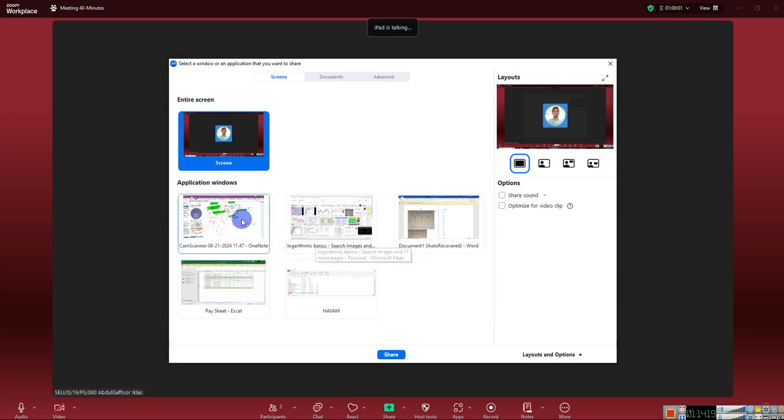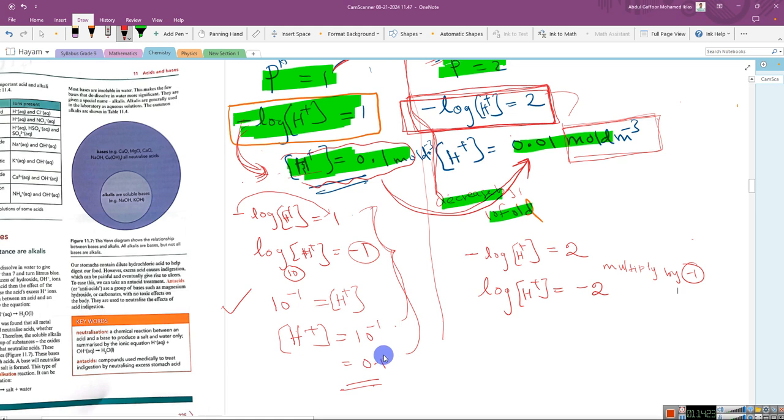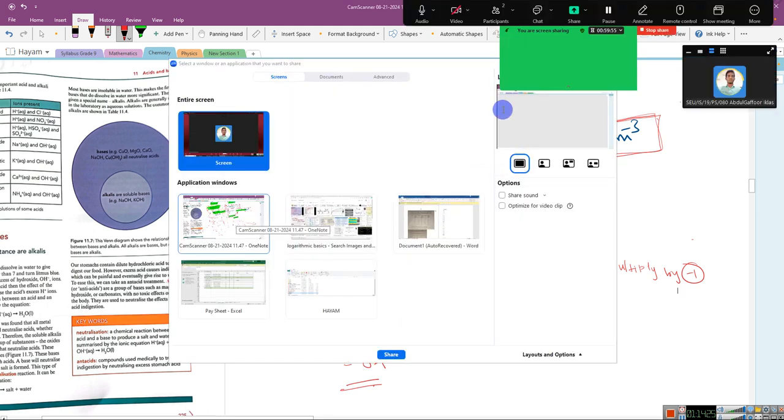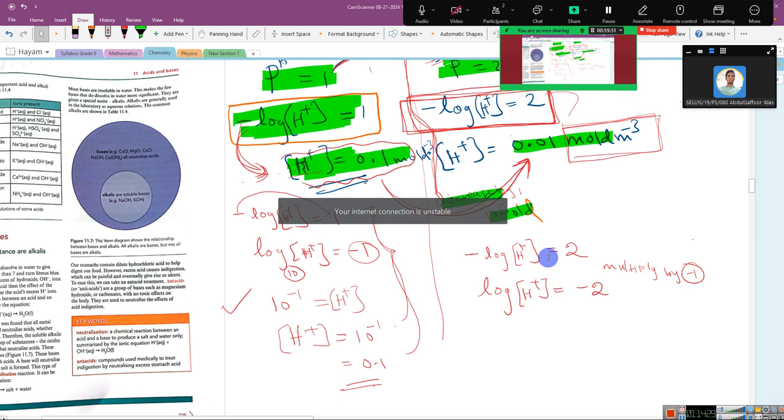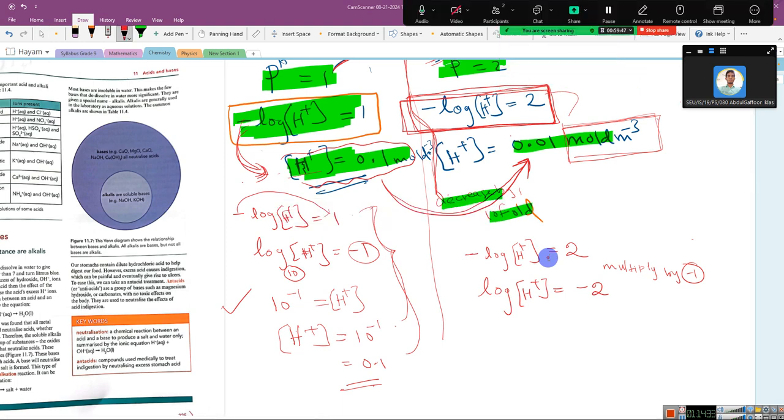Can you hear me? Am I audible? It's breaking again. Can you see my annotation?